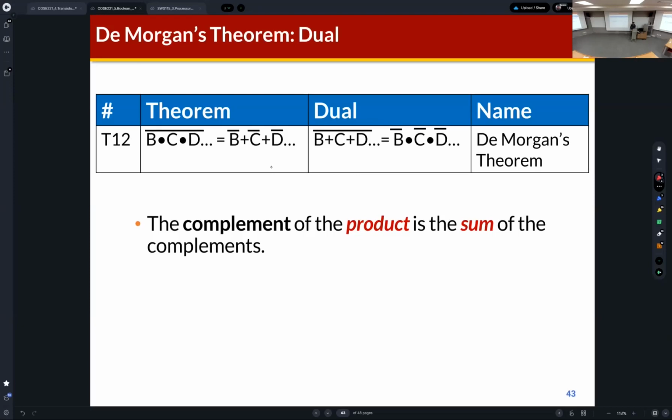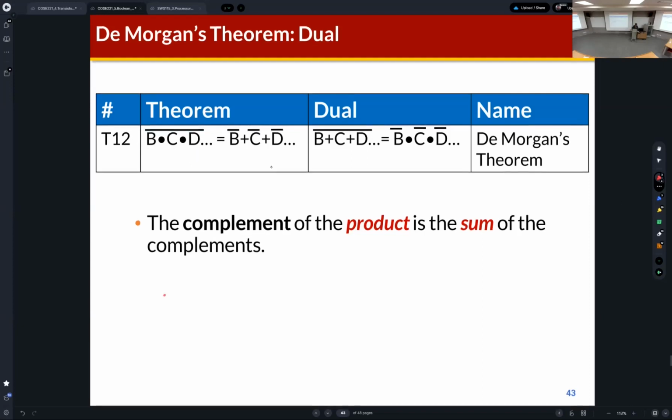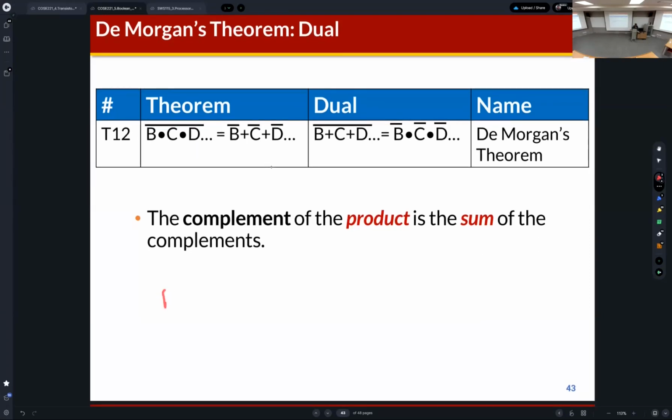So what is the De Morgan theorem? You can find B and C and D, and then the bar. So what does that mean? It means B, C, D with the AND gate, and then the NOT gate.